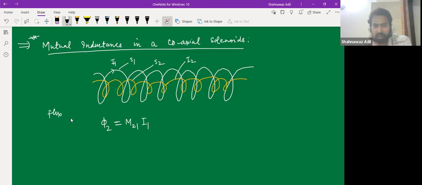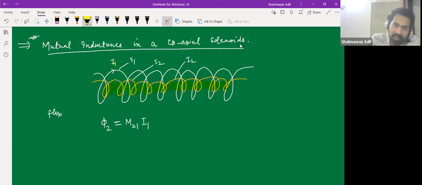Yes, Aisha. There is some flux generated in the second solenoid due to this first one.